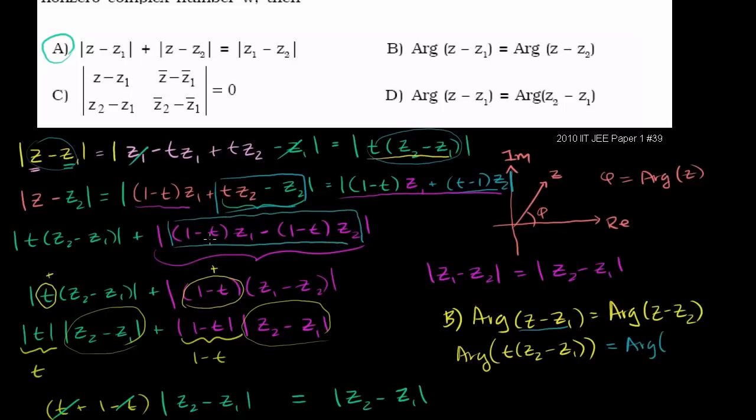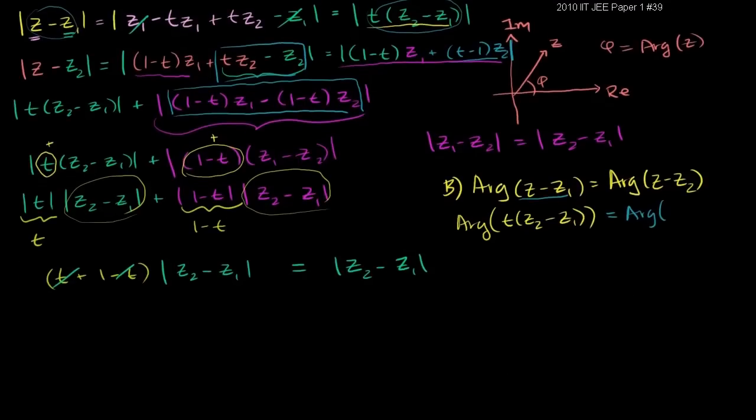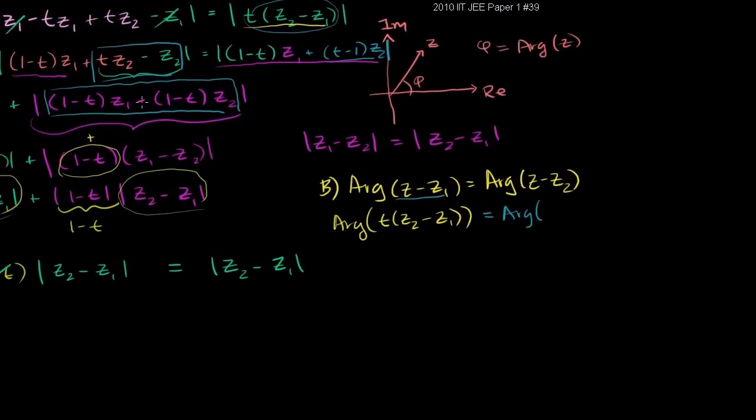We could rewrite this thing right here as being equal to, I'm running out of real estate here, 1 minus t, I'm just factoring out the 1 minus t, times z1 minus z2.